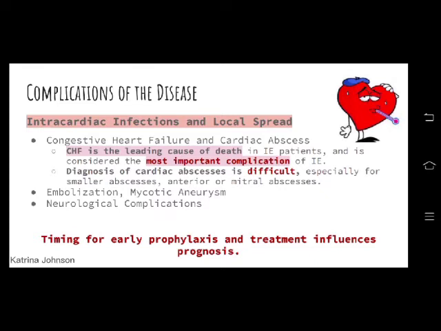This can happen anywhere in the heart, but most frequently cardiac abscesses occur at the aortic root. Just about 57% of cardiac abscesses occur at the aortic root. So just keep that in mind.